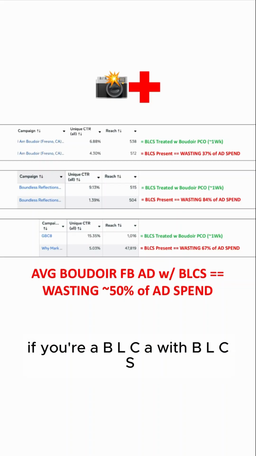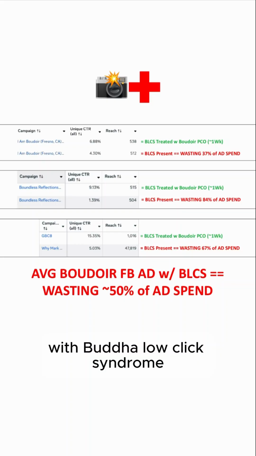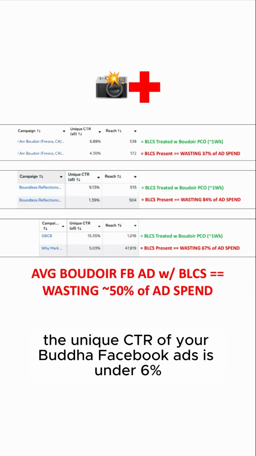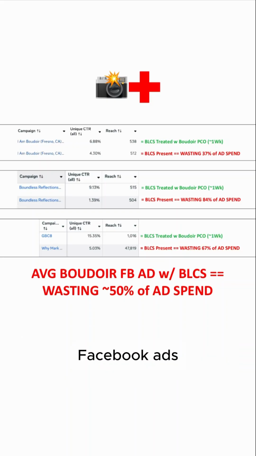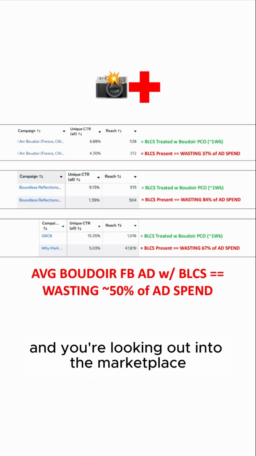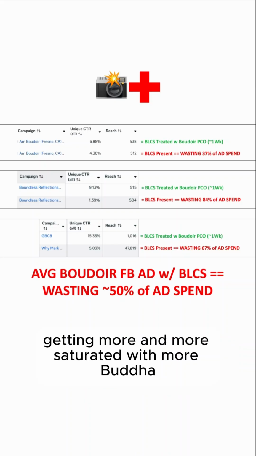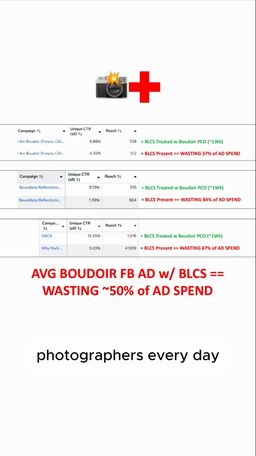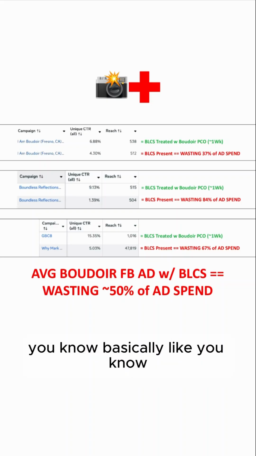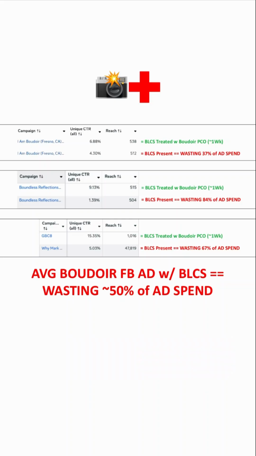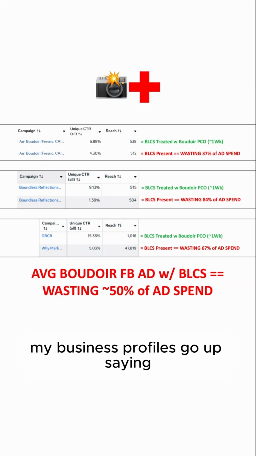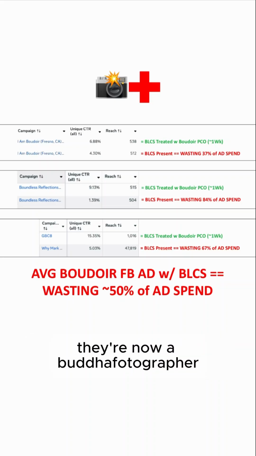if you're a BLCA with BLCS, if you're a Boudoir low click advertiser with Boudoir low-click syndrome, the unique CTR of your Boudoir Facebook ads is under 6%, and you're spending more than 10 grand a month on Boudoir Facebook ads, and you're looking out into the marketplace, seeing it getting more and more saturated with more Boudoir photographers every day. Seems like anytime anyone gets a new iPhone, we're seeing more Google My Business profiles go up saying they're now a Boudoir photographer.